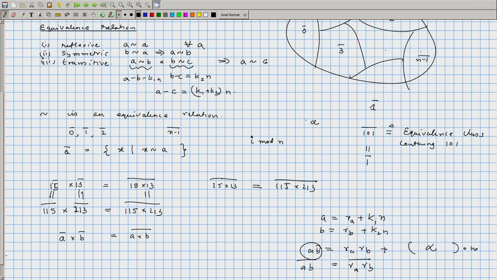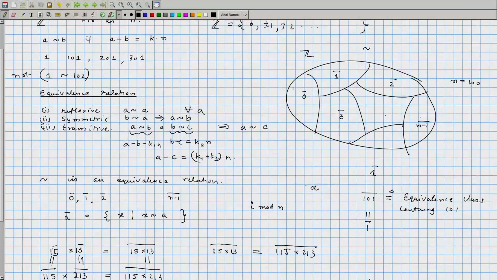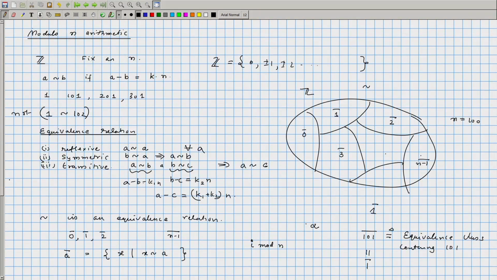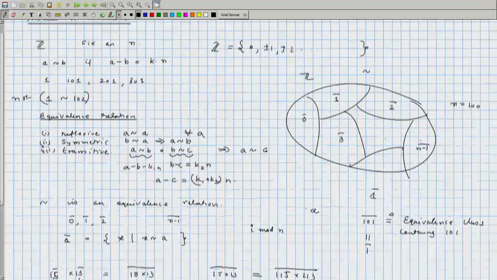They are valid binary operations on a finite set, because each of these equivalence classes, although they might be infinite, the number of equivalence classes is always going to be finite. Okay. If you are doing mod n arithmetic, if your equivalence relation is defined on some finite number n, the number of equivalence classes that you would have is a finite number, and therefore, this is a finite set on which we are operating.